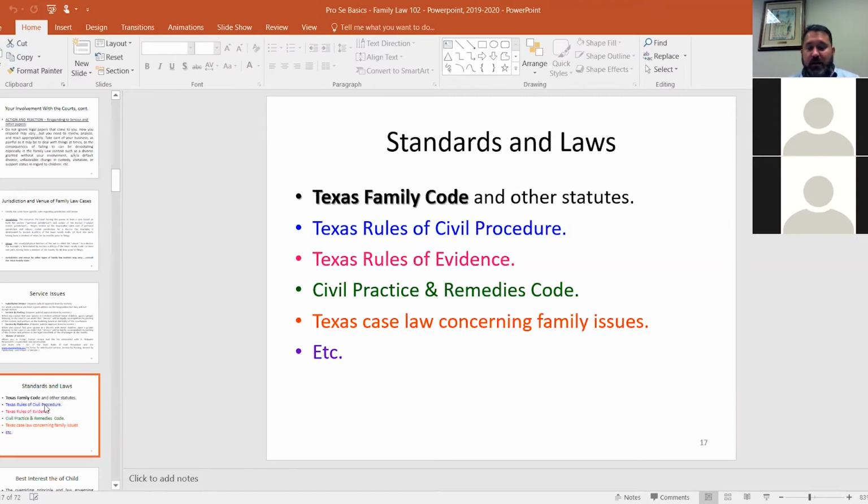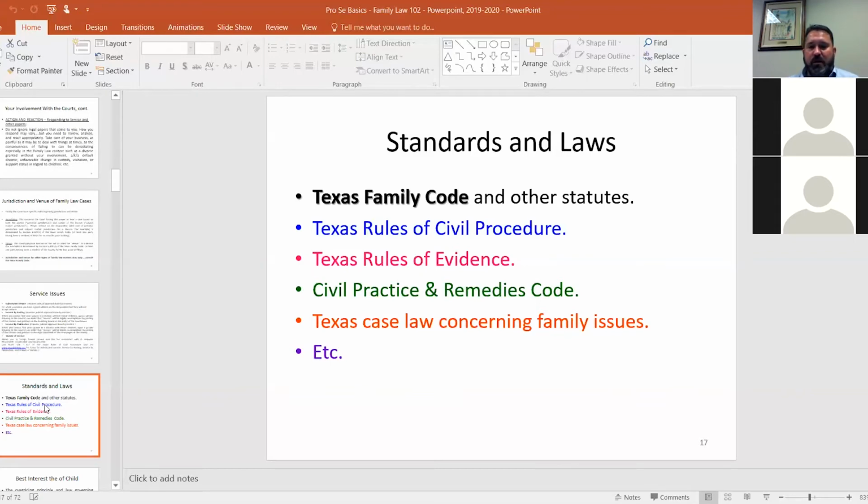And it's not necessarily last, but definitely not least, Texas case law. Cases go through the system, get appealed to higher courts, the courts of appeals or the Texas Supreme Court, and they interpret law and lay down rules in regards to family law. So it's important to know that. Say, like one particular issue that we're going to talk about, termination of parental rights.